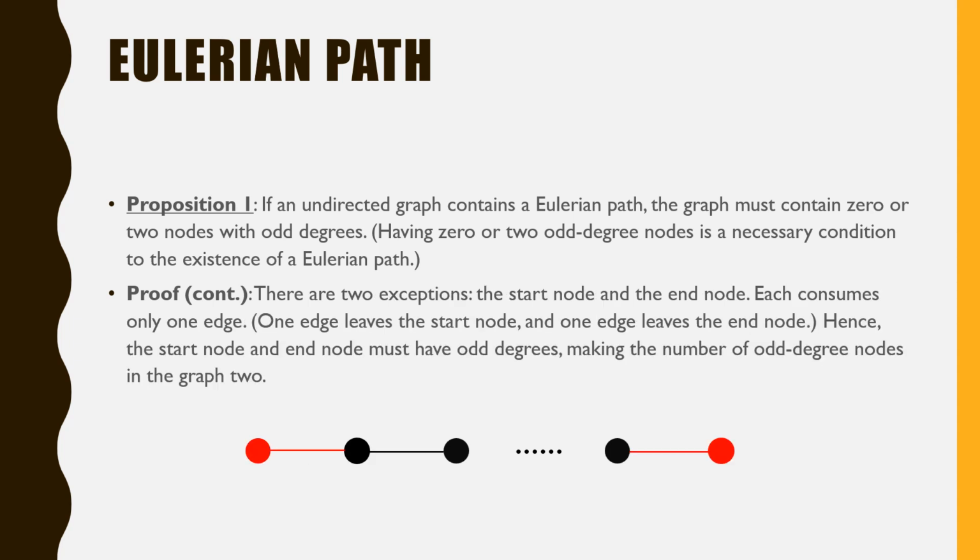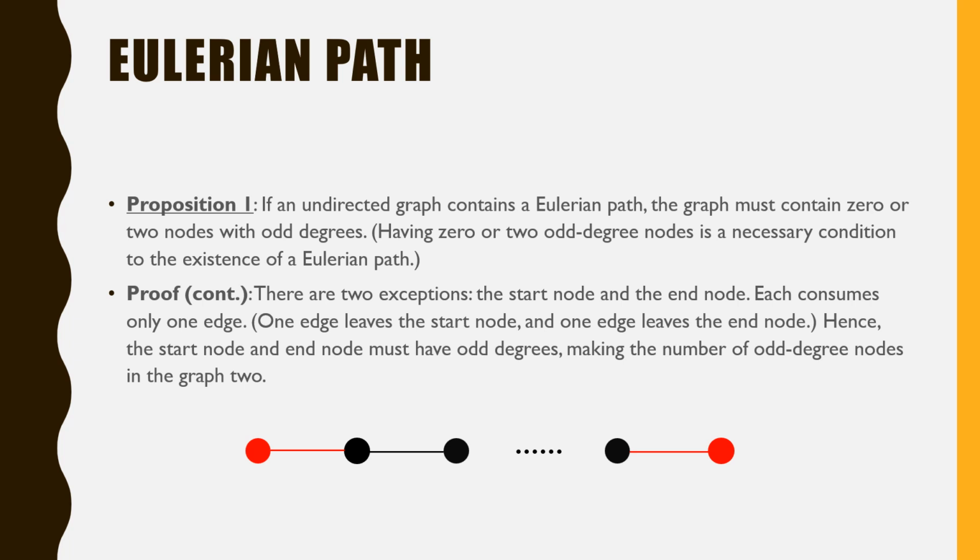However, there are two special nodes in the Eulerian path, the start node and the end node. Because the path is not a cycle, we only leave the start node and never return to it. For the same reason, we only enter the end node and never leave it.